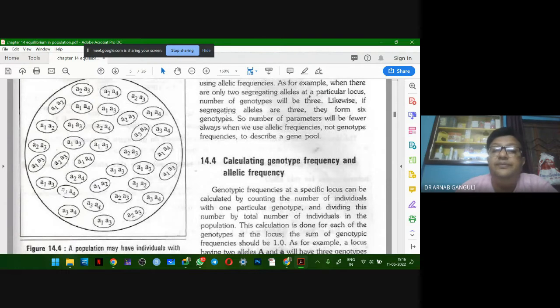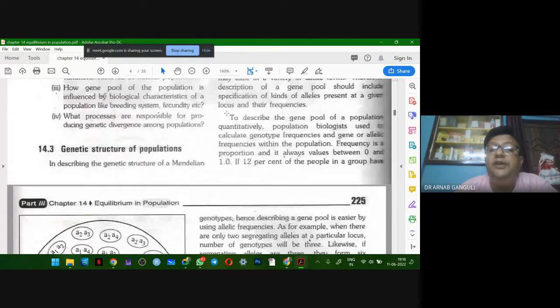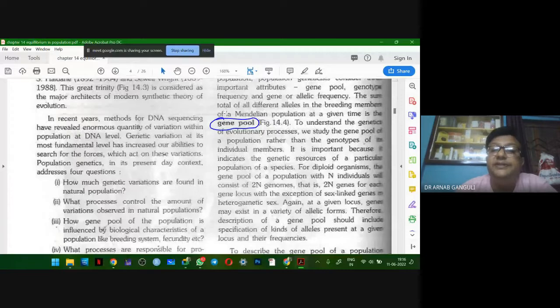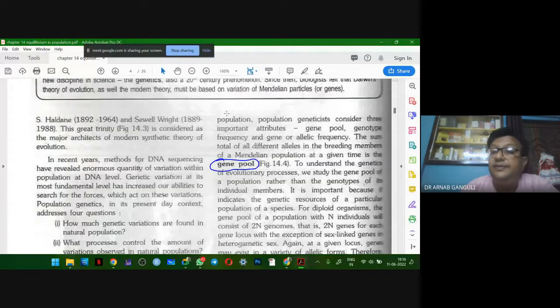So, what is the definition of gene pool? First, it is the sum total of all different alleles in the breeding members of a Mendelian population at a given time. That is the gene pool.